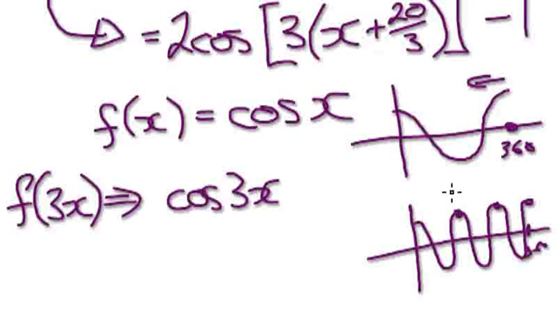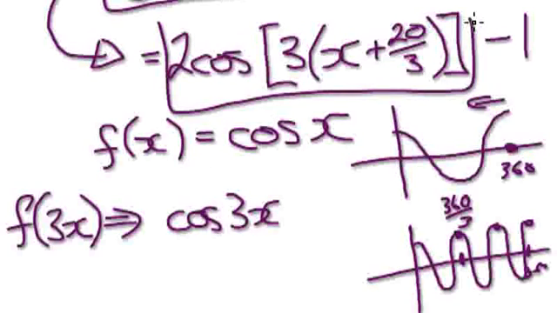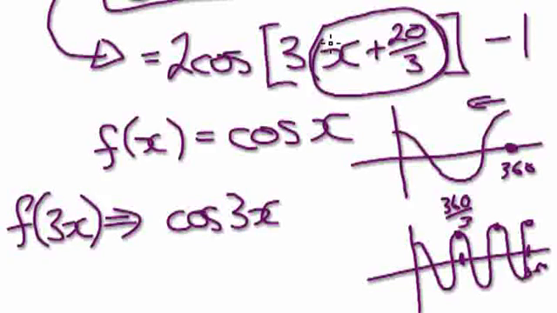So this here, the period here will be 360 over 3 in a way. Okay, so this point here is 360 over 3. Okay, then keep an eye on this here. Looking at this whole thing here, our next transformation here would be this part here.